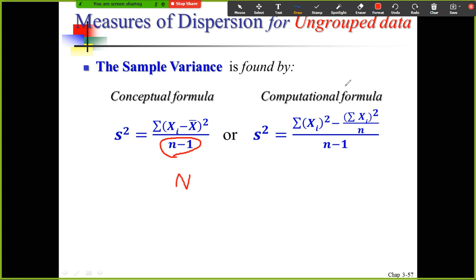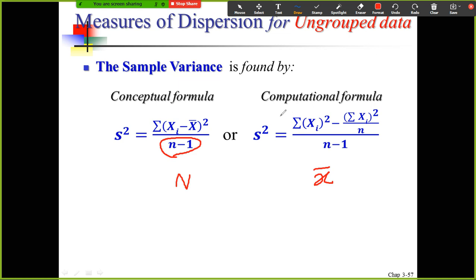The other formula that we use to calculate the sample variance is the computational formula. For the computational formula, we don't need to find the arithmetic mean. So by looking at this one, we don't see x bar. That x bar stands for the arithmetic mean of the dataset.